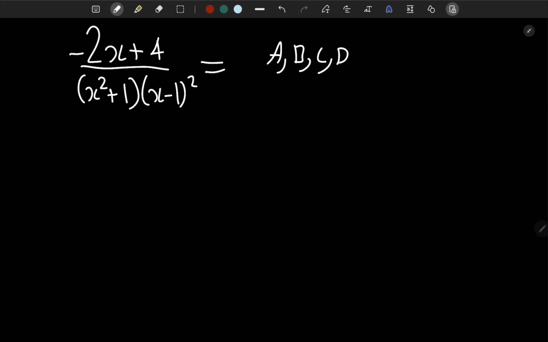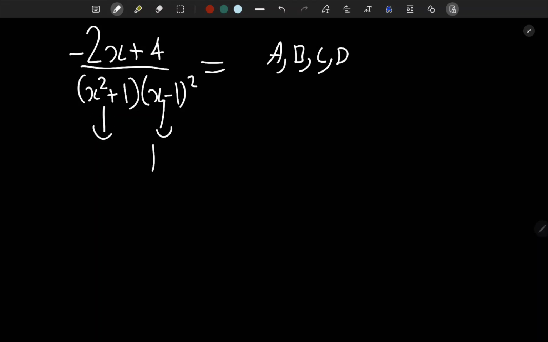Now the next thing you can notice is that the only factor in the denominator for x here is going to be 1, which is this part over here. x squared plus 1 can never be factored. It's an irreducible equation. You can substitute anything for x here and you will never get to factor this.